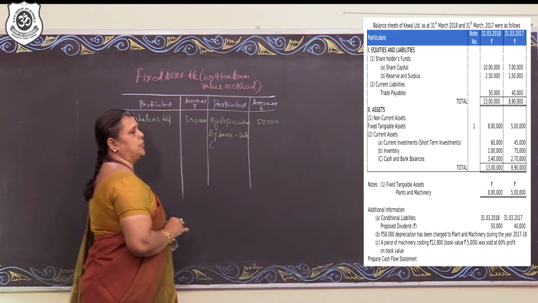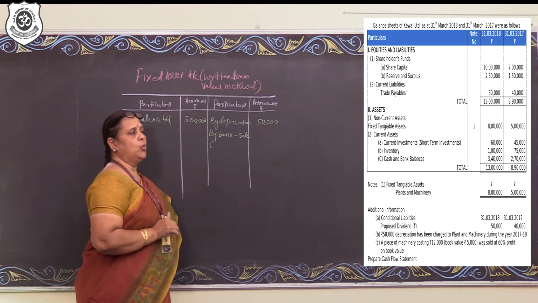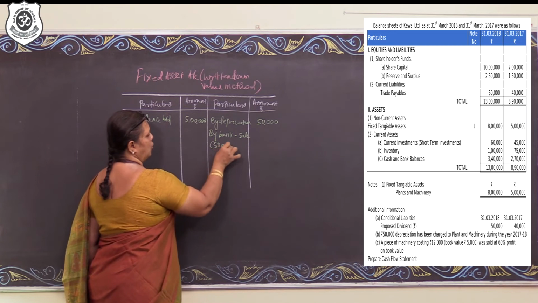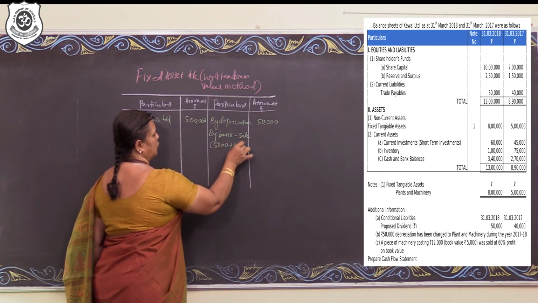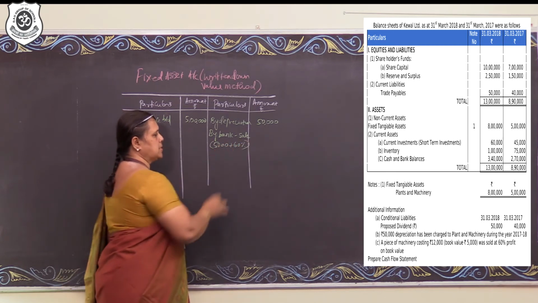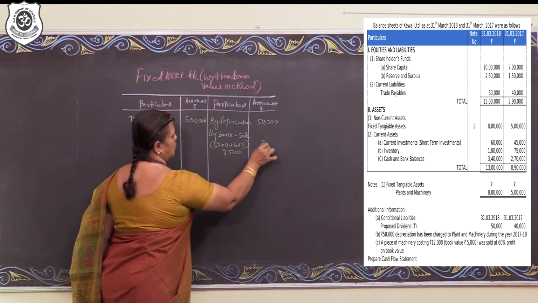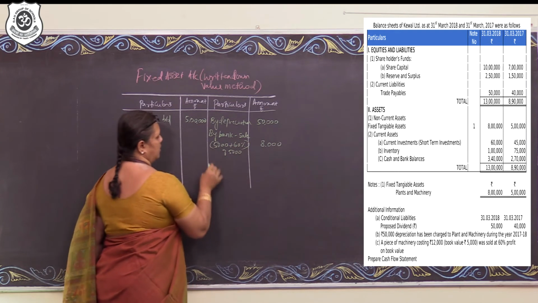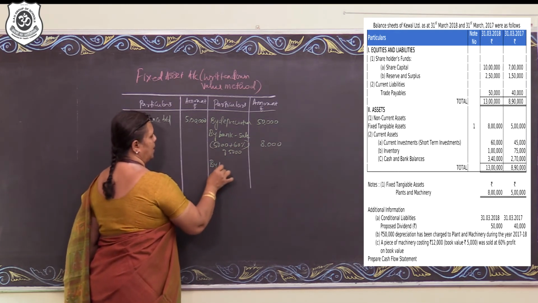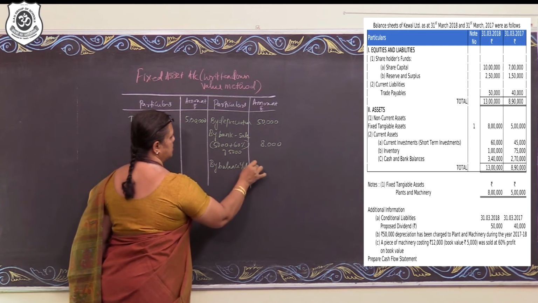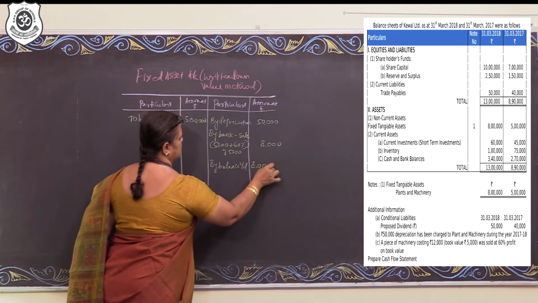Now, cost value is 12,000 rupees, but book value is only 5,000 rupees and profit of 60%. So, 5,000 plus 60% of 5,000 gives you totally 8,000 rupees. Then, by balance carried down, which is 8 lakhs.